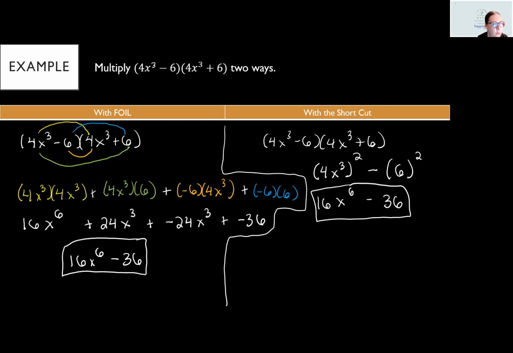So question, couldn't you write the second part as minus 24x cubed minus 36? Yes. On the FOIL part where I have plus a negative 24x cubed and plus a negative 36, yes, you can write those as subtraction.